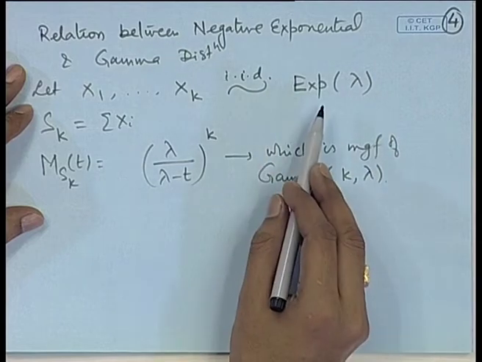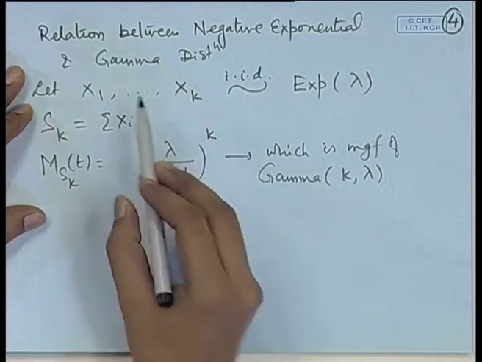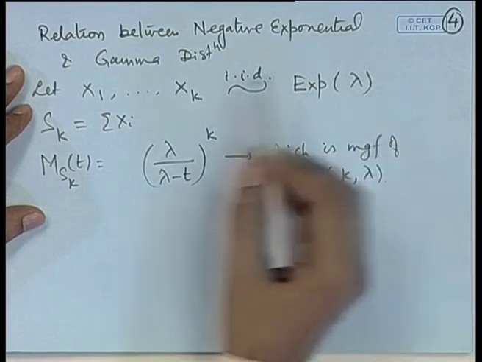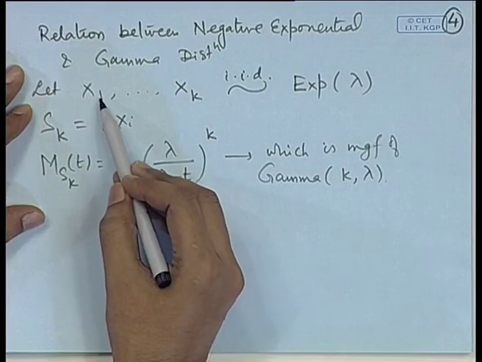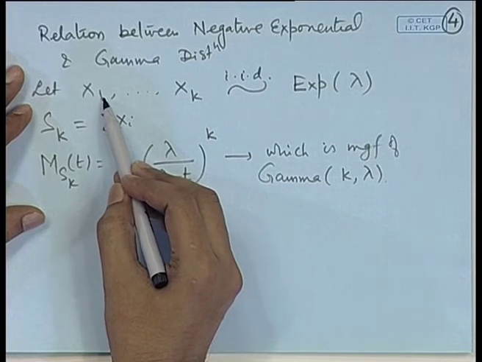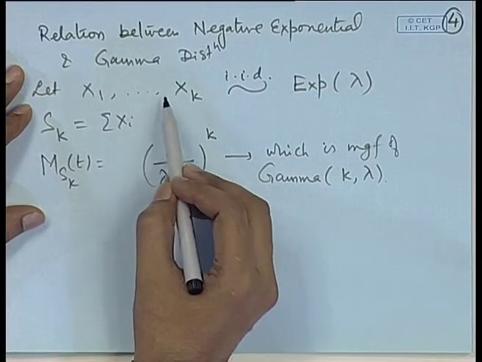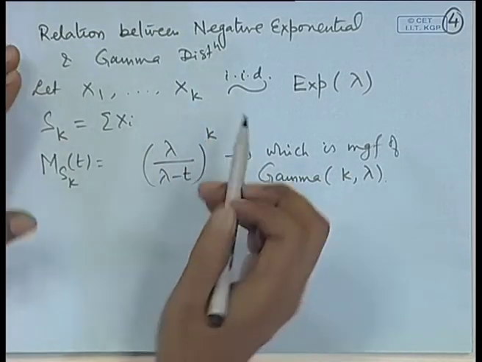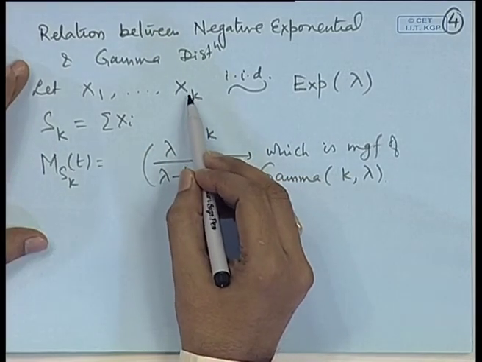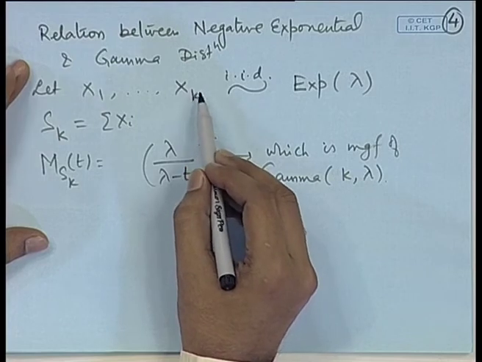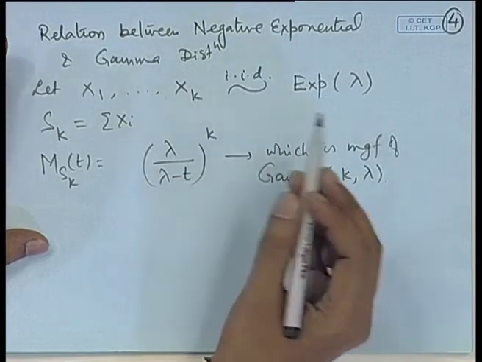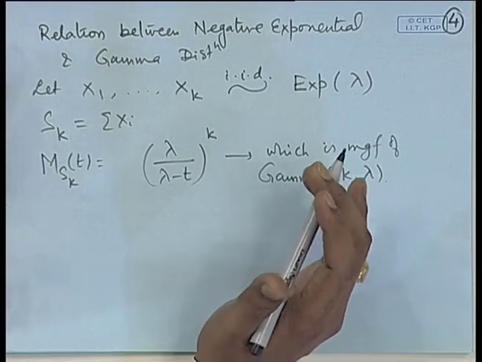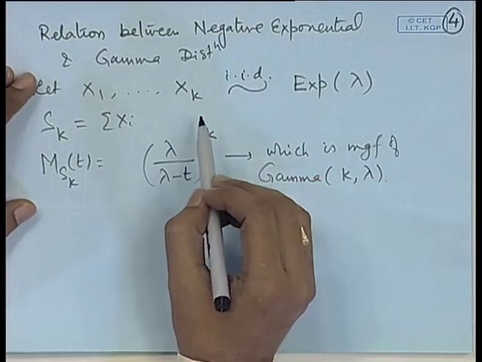So, physically if we represent this result, if we are observing a Poisson process with rate lambda, X1 denotes the waiting time for the first occurrence, X2 denotes the waiting time for first occurrence at another point of time, Xk denotes the waiting time for the first occurrence in a kth observation of the process.